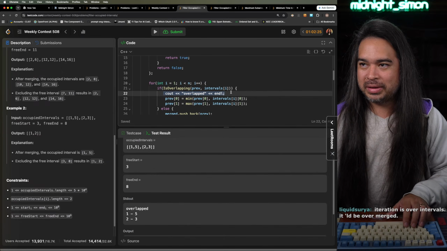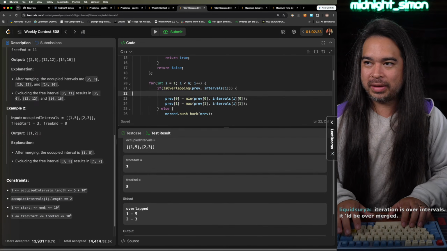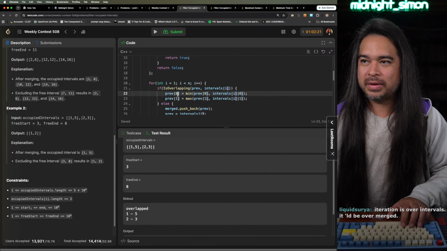Alright, so we do detect that it overlaps with that thing. So this previous should be the min of itself, and the max of that, right?